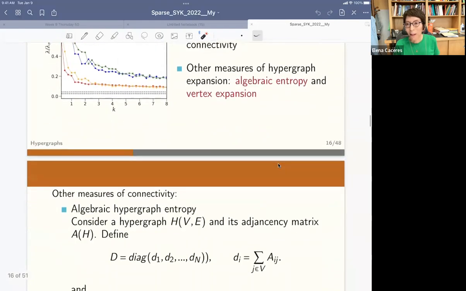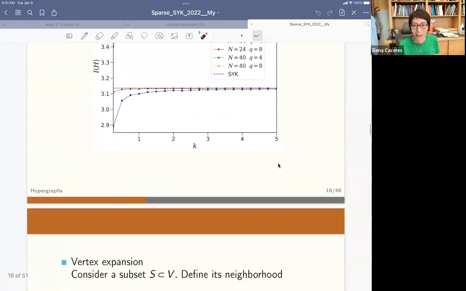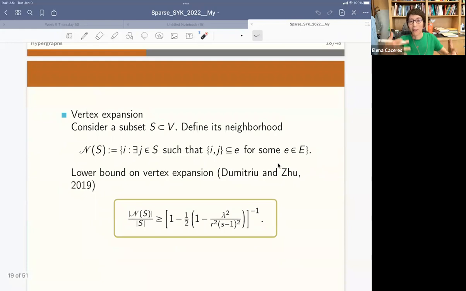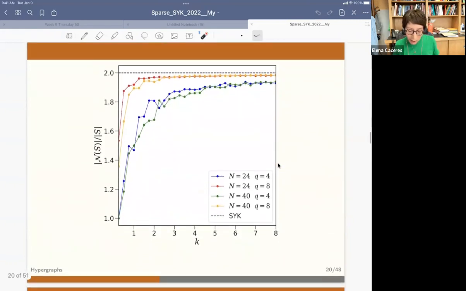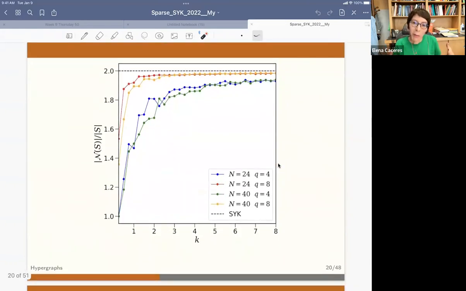All the other things are different mathematical results that rely on this spectral gap. So this is the vertex expansion: how big is the neighborhood of each vertex compared to the size of a certain subset. And again, here we have the result for the SYK, for different n's and different q's.